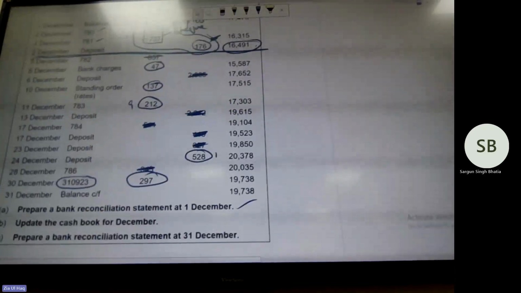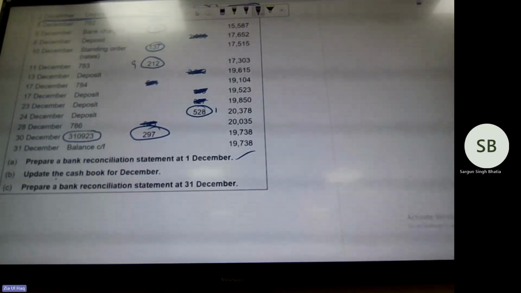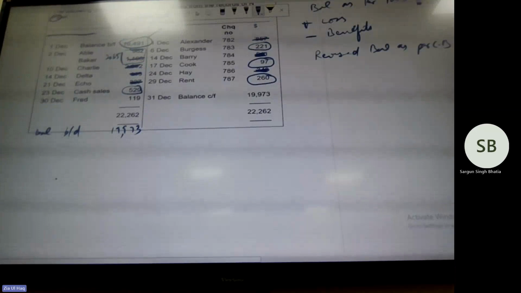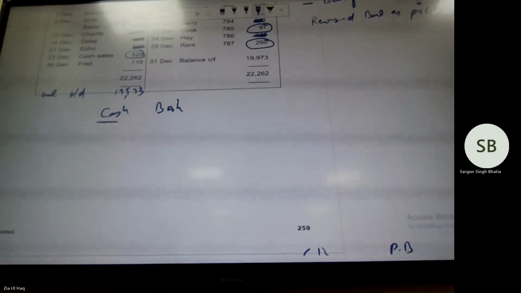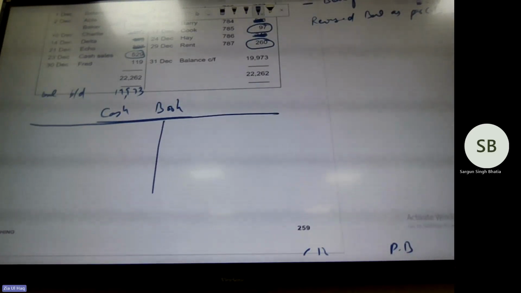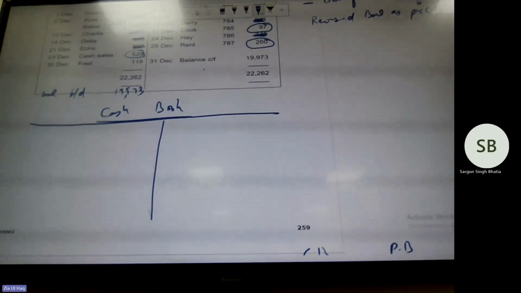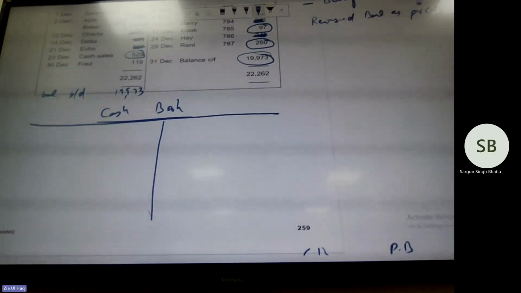Now we need to see the other differences. For that, requirement B is to update the cash book for December. For updating the cash book, we need to record our mistakes. The cash book is showing a credit balance of 9973.